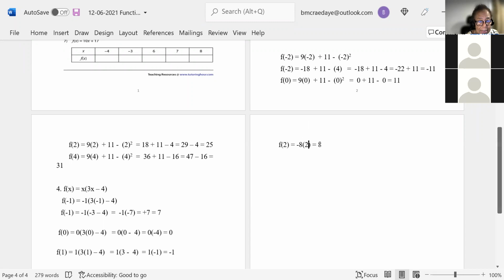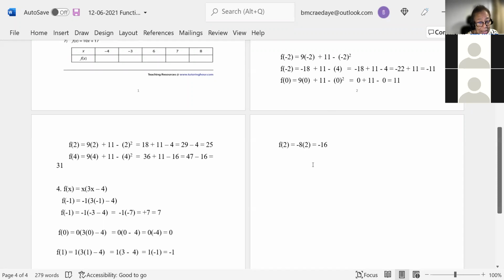Is a positive 16? No, minus times plus is minus. When you multiply unlikes, you get negative. So a -8 times a +2 gives you a -16.